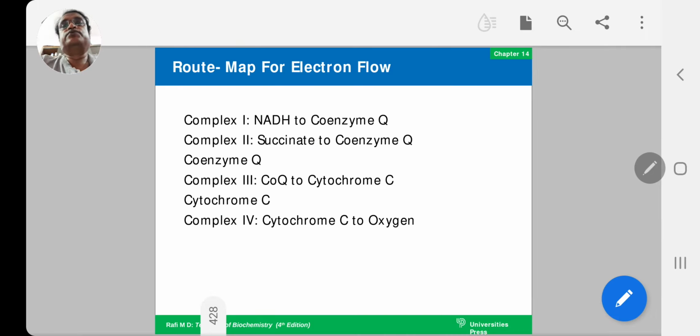The accumulated pool of reduced coenzyme Q is then reoxidized by complex 3, pushing the electrons further along the respiratory chain. Now, transfer of electrons from coenzyme Q to cytochrome c.